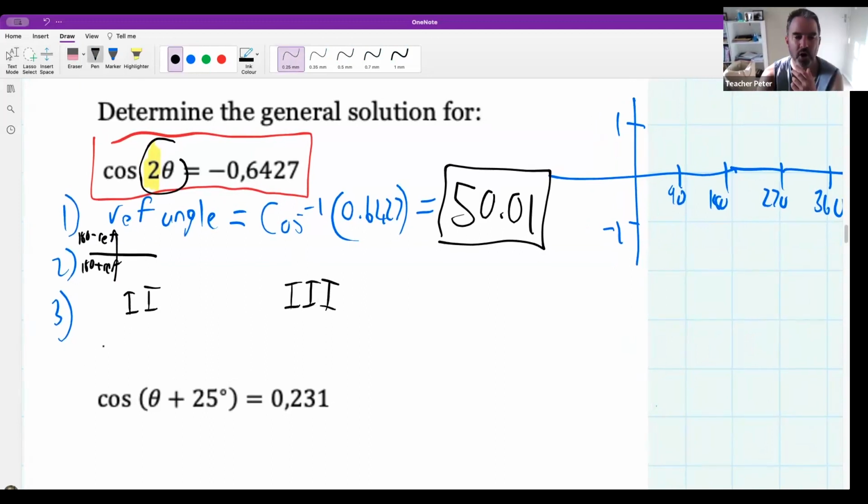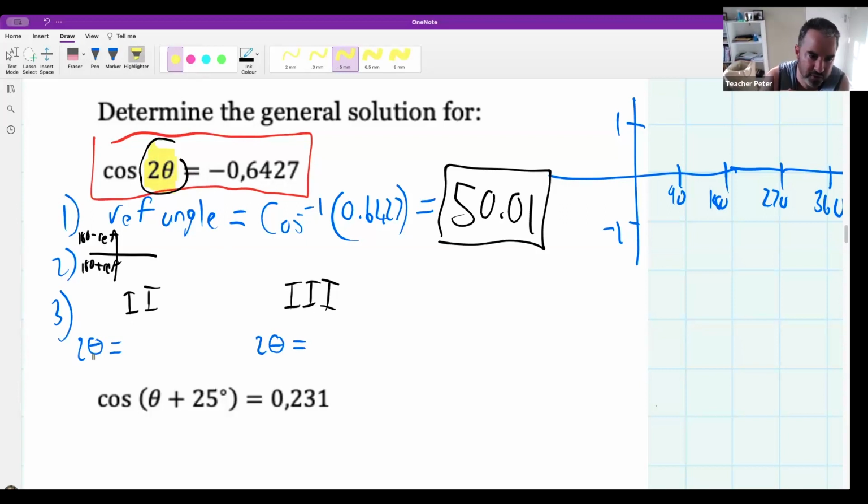So what we're first going to do is, instead of writing, normally we would write x equals. We're not going to do that this time. What we're going to do is write 2 theta equals over here, and 2 theta equals over here. And you may say, why are you using 2 theta?